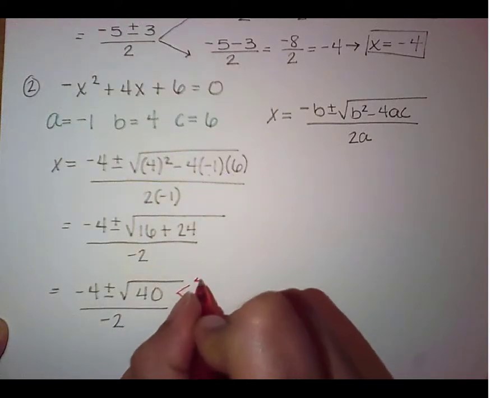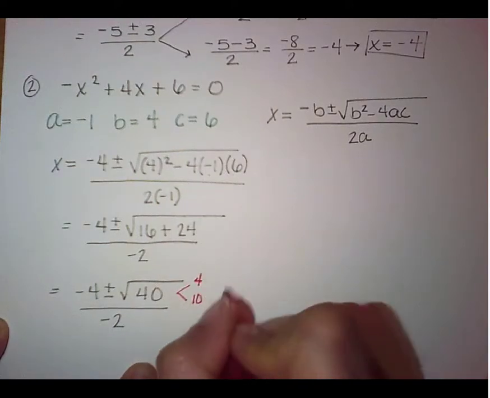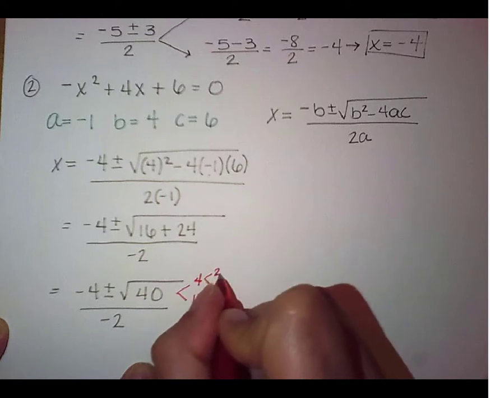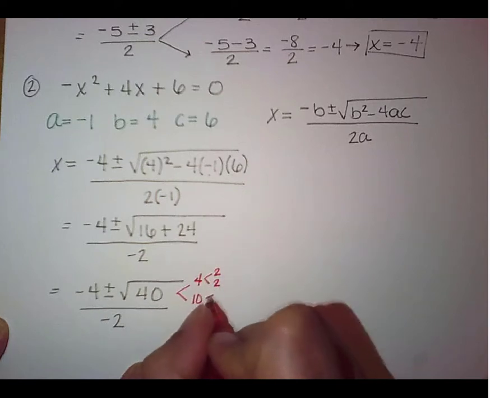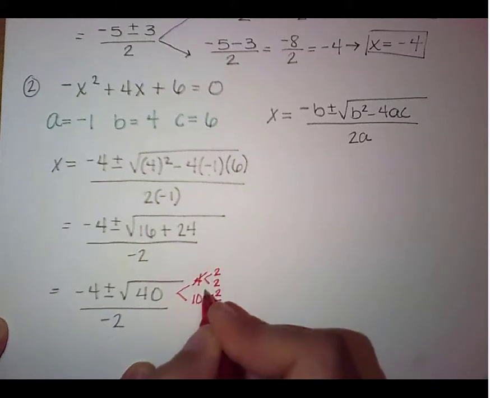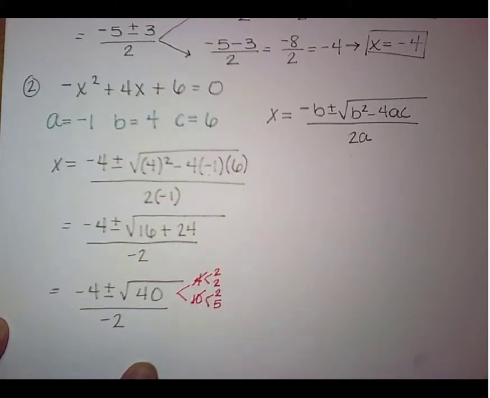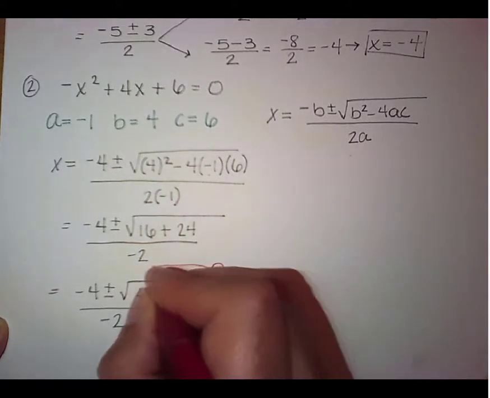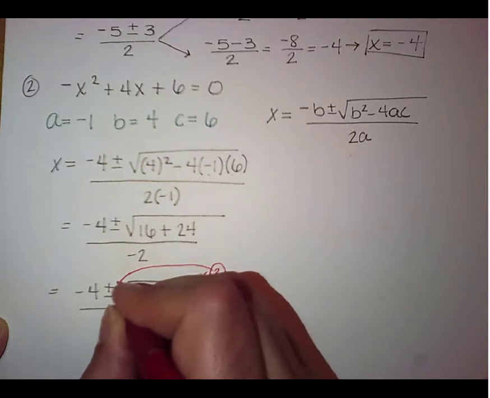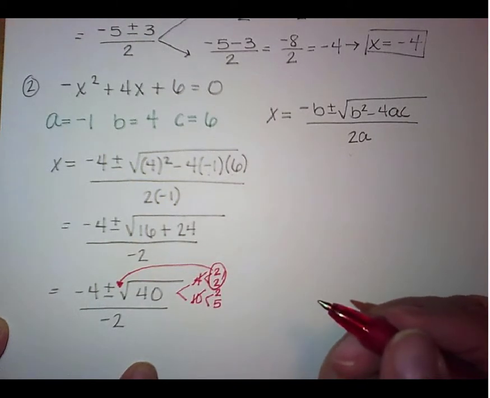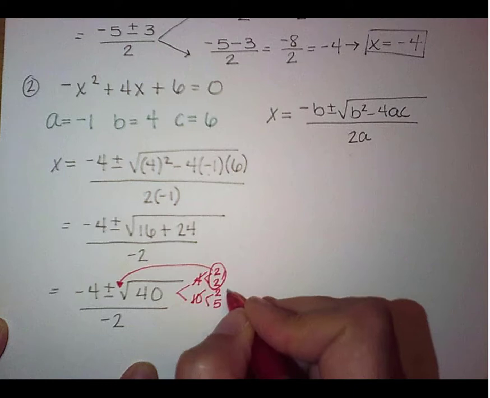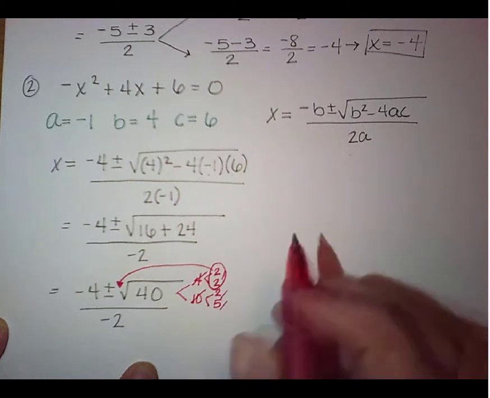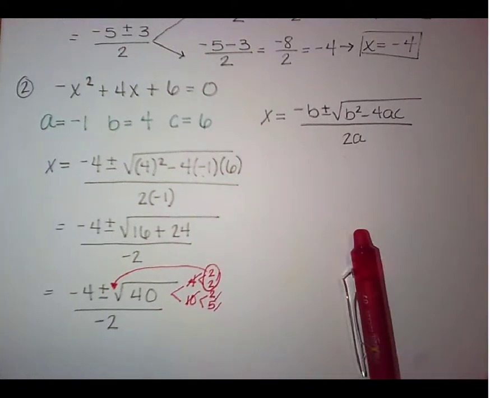So we could say this is 4 times 10. 4 is 2 times 2. 10 is 2 times 5, and just like earlier, I don't want to talk about those 4 and the 10. I only want to talk about the prime numbers. So we do have a pair of 2's. That pair of 2's is going to come out right in front of our square root. And then the 2 and the 5 are going to multiply back together and stay inside of our root.